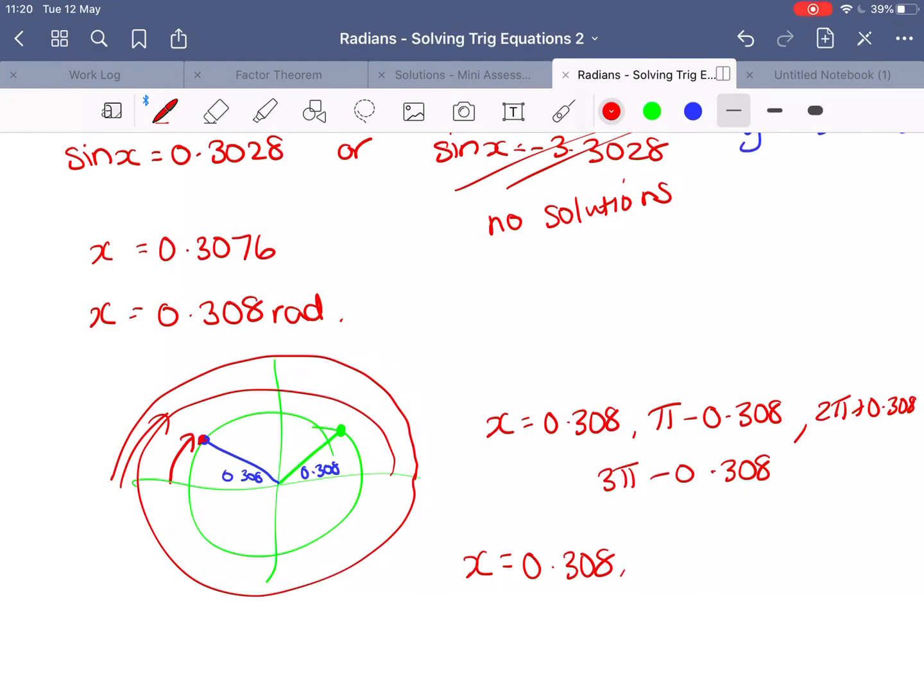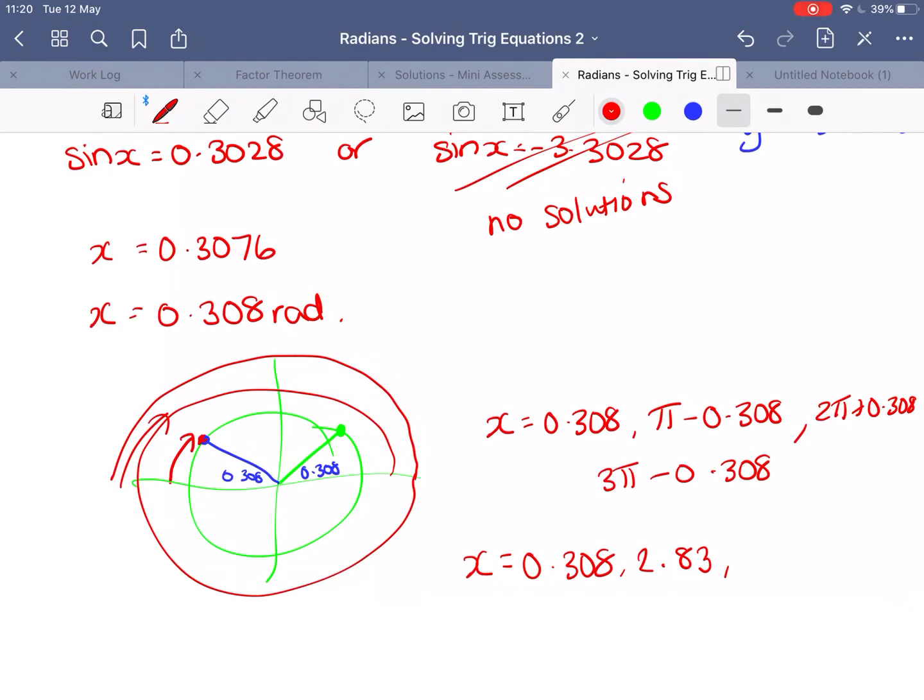0.308 radians. Now I haven't worked these out before, so I have to do shift pi minus 0.308, which is 2.83 radians. Remember, keeping it to 3 significant figures, plus 0.308.